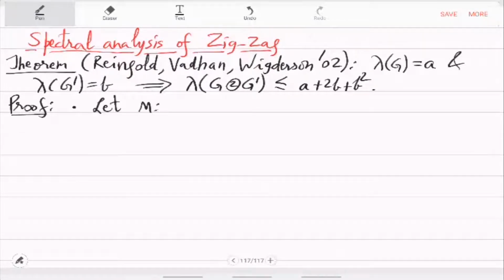Let us call the zigzag product A zigzag A prime, M, and we will now study the spectral norm of this matrix.